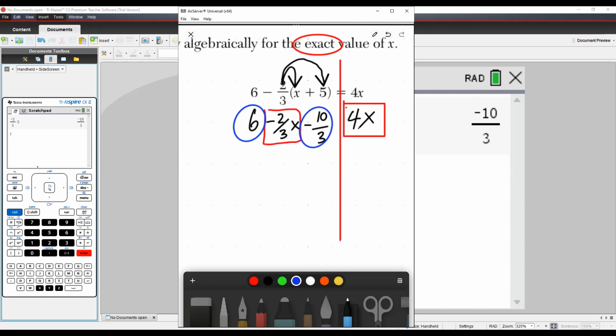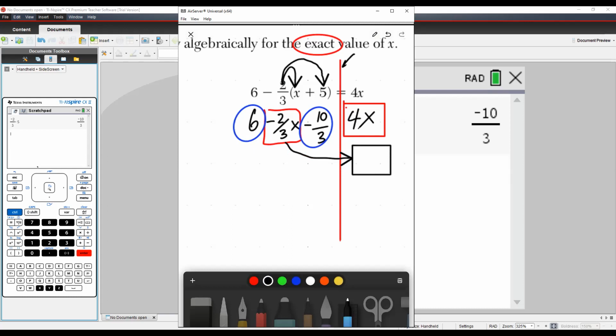Now, here's the part that should make sense. Boxes want to be with boxes, circles want to be with circles. So I'm going to take this box and move it over here where this other box is, and then I'm going to write it. Now, the rule is anytime you move something across this line, you have to change the sign.